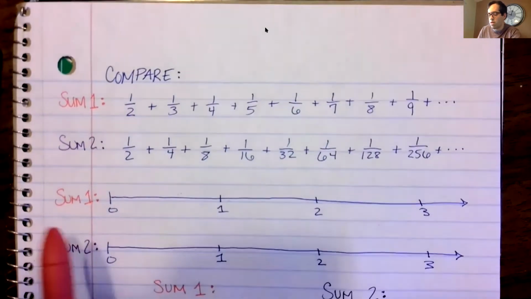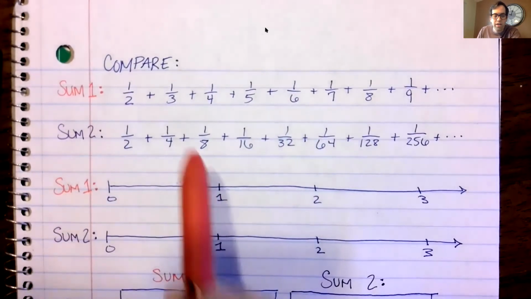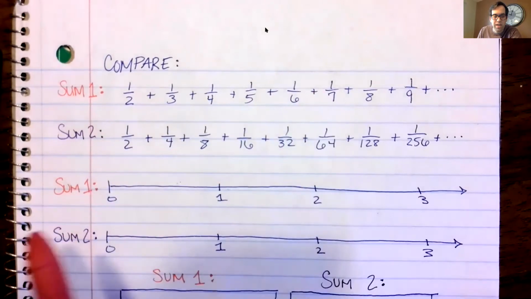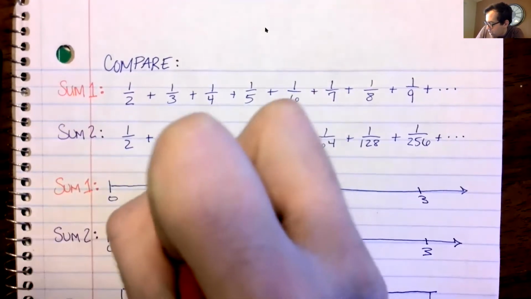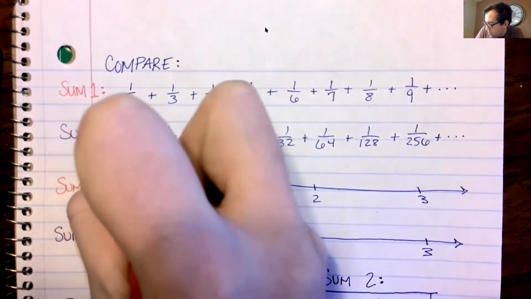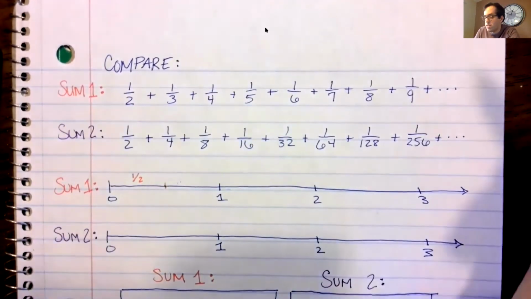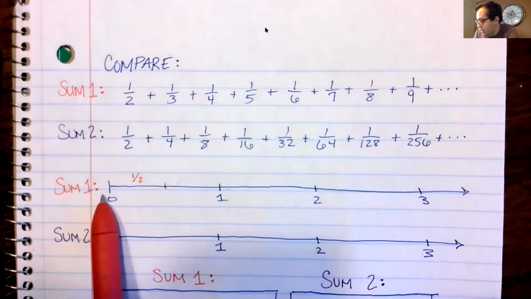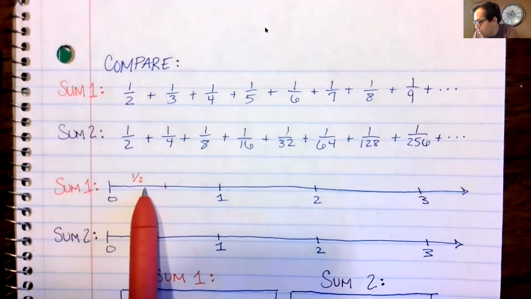So for sum 1, I'm going to try to figure out what the first couple terms add up to on our number line here. The first term we know is 1/2, so that would get us to here. And then we have 1/3, and this is going to be approximate. I'm just guessing. So I'm going to think 1/3 is probably this length.